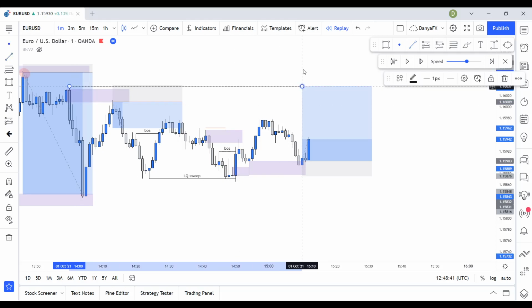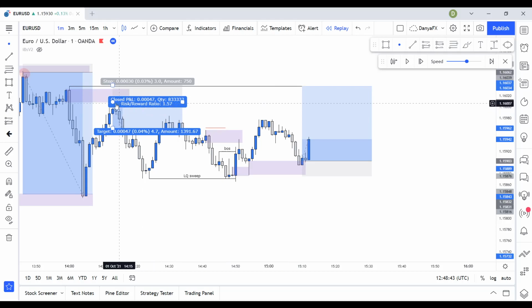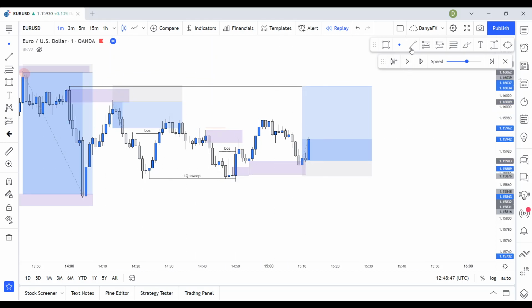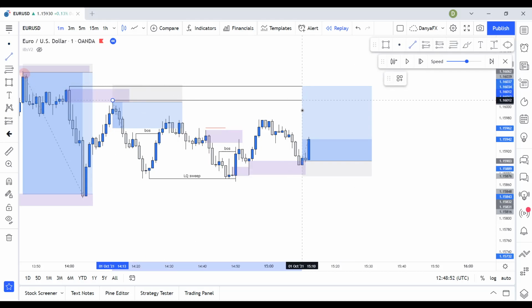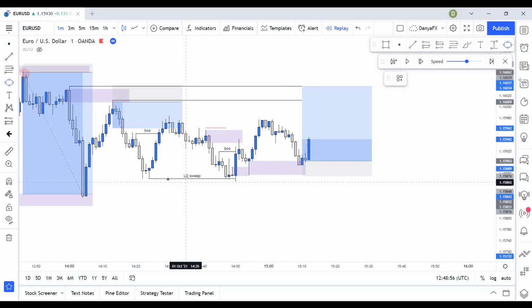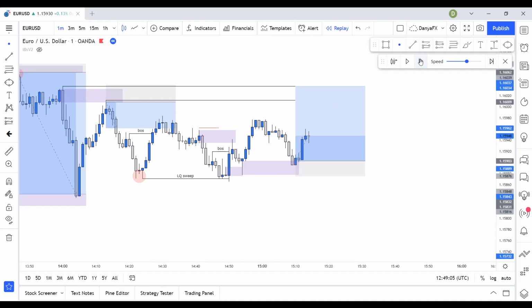Now, why didn't I take it up to this high right here? It's because this high, as I said, failed to print a lower low. So this one is a weak high. So let's see what the price does.